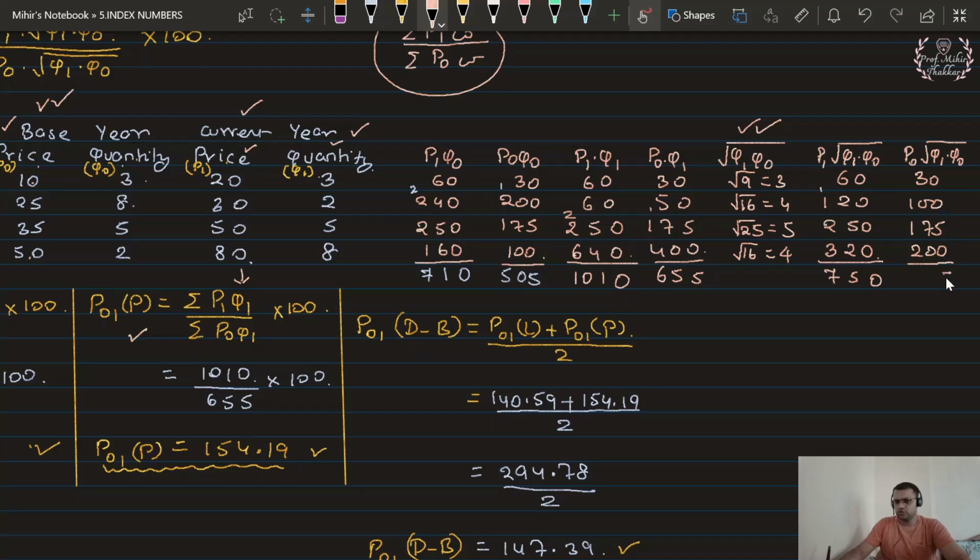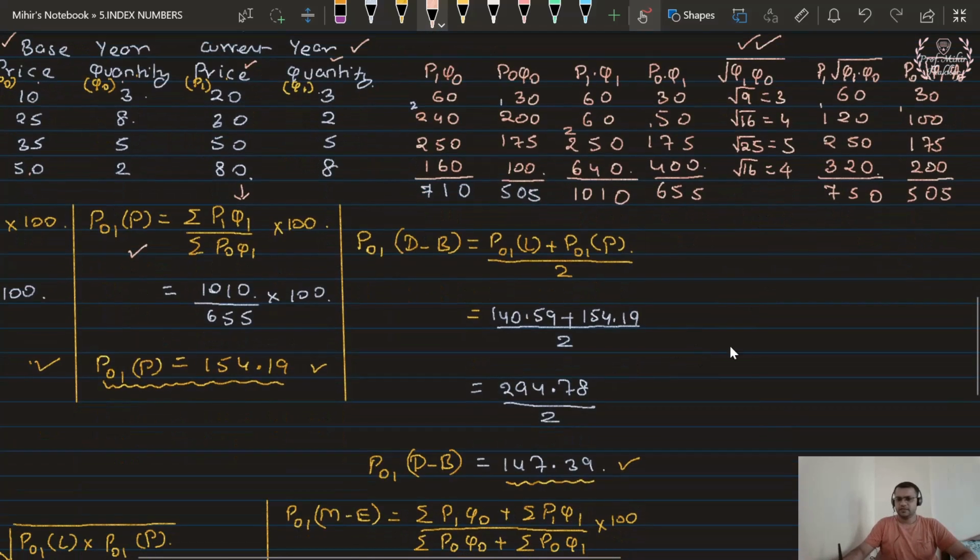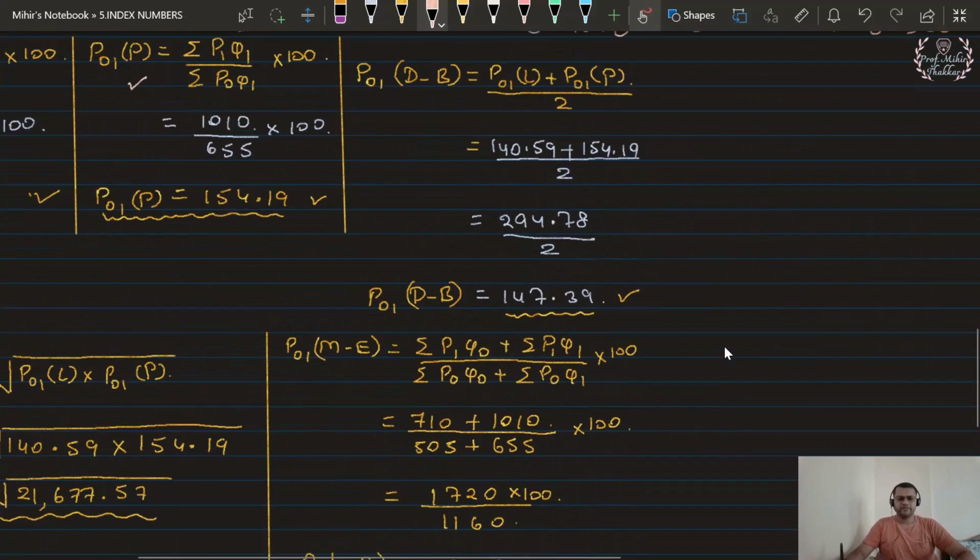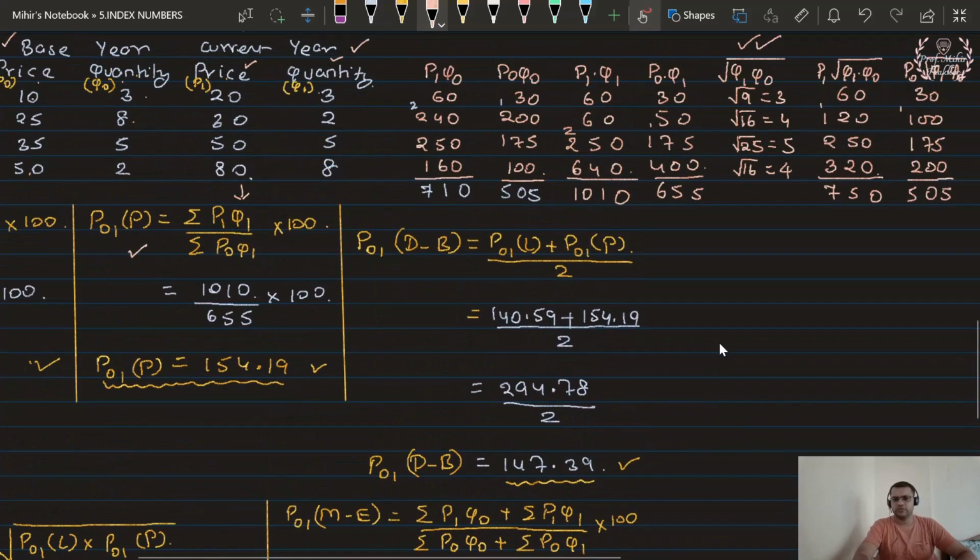The total comes out to be 505. So 750 upon 505 is what we are getting over here.